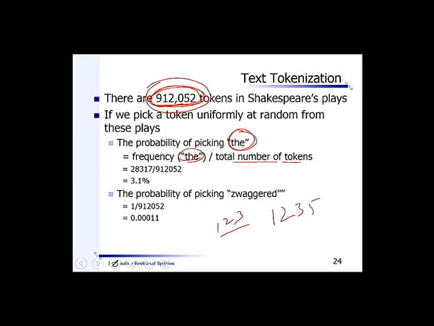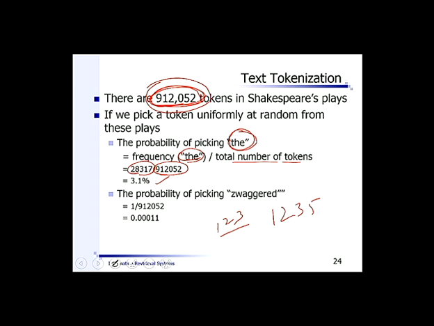So we simply divide the frequency by the total number of tokens in the entire document collection, and this is the probability of picking this particular term. Of course, it's intuitive that a more frequent term will have a higher probability of being picked as compared to a less frequent term.